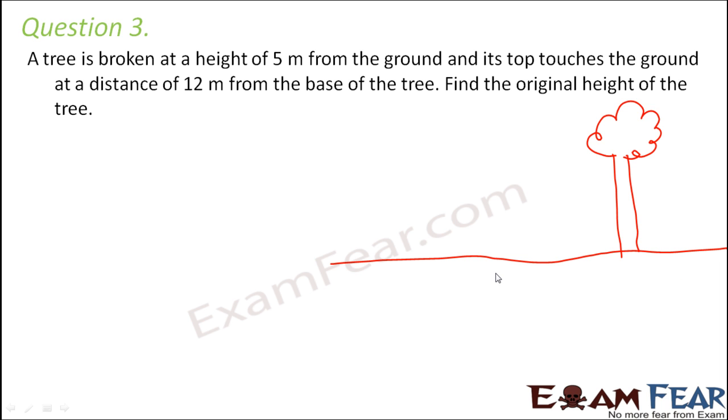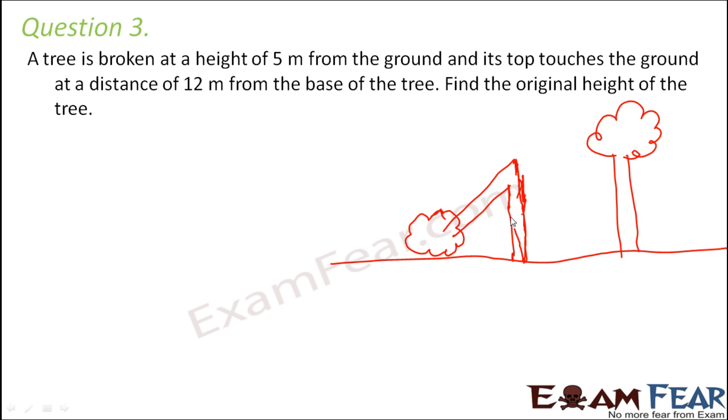Now what happened was, due to some reason, this tree is broken at a height of 5 meters from the ground. So let's say that at a height of 5 meters from the ground, this tree was broken like this. So the tree was broken and it fell to the ground. Now this says that it has broken at a distance of 5 meters.